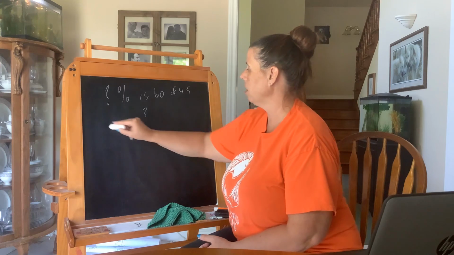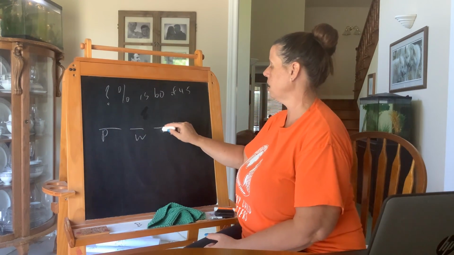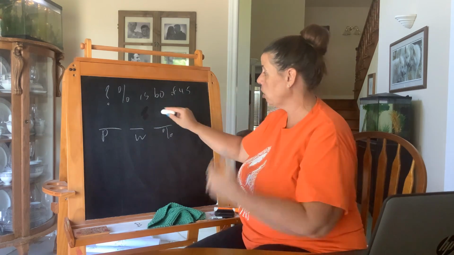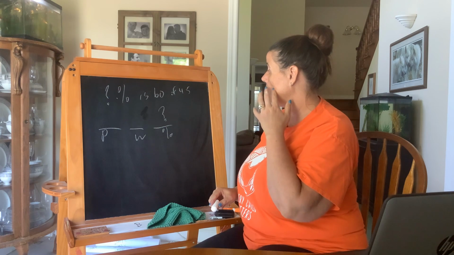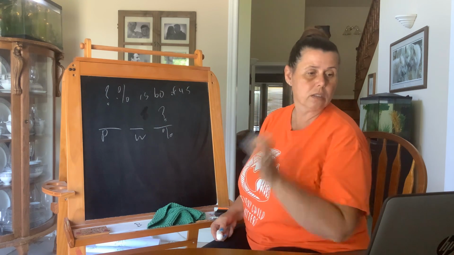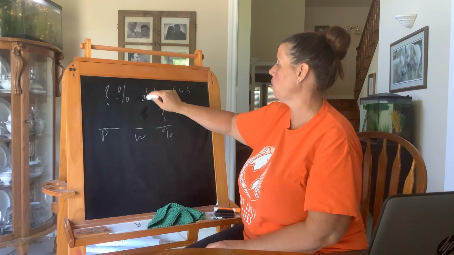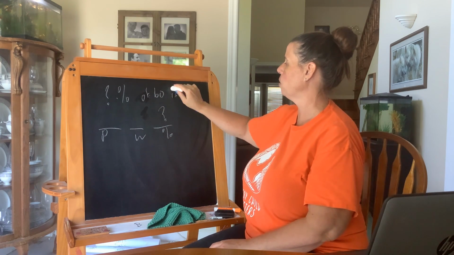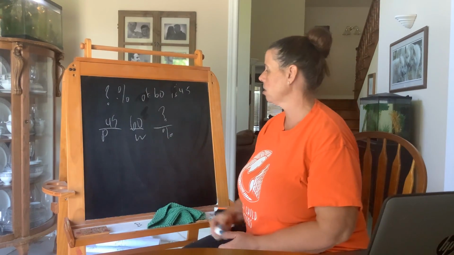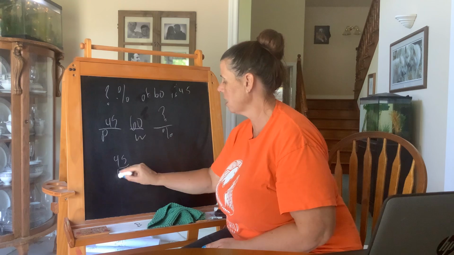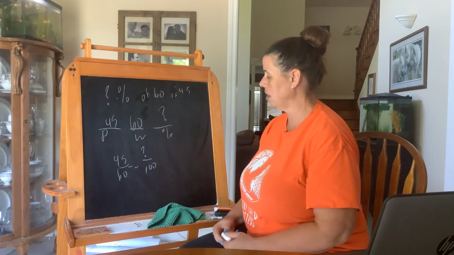So my part, my whole, my percent. So we don't know what the percent is, because it says right there, what percent of 60 is 45. So 60 is the whole, 45 is the part. So 45 over 60 equals something, we don't know what it is, as a percent out of 100.